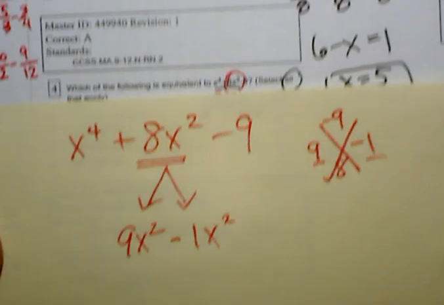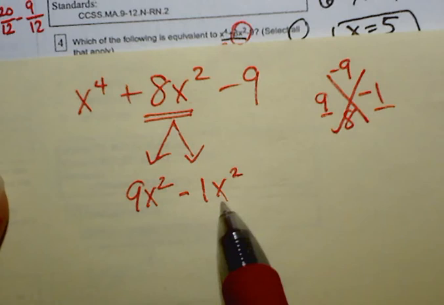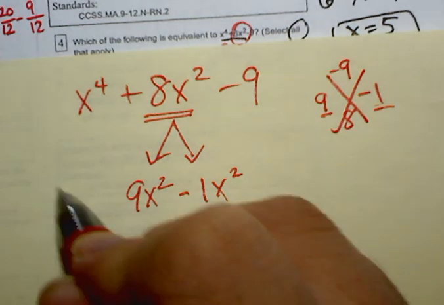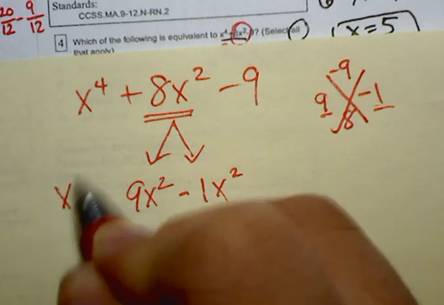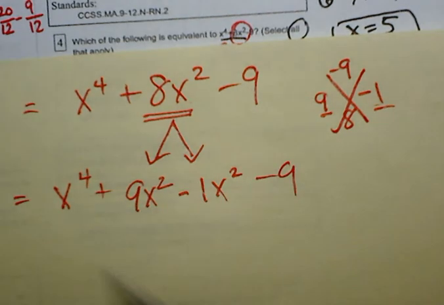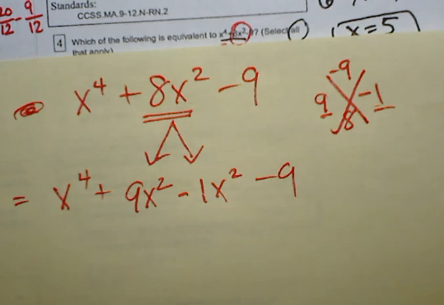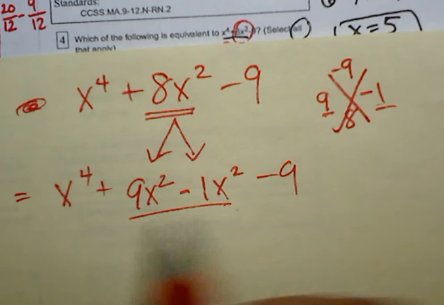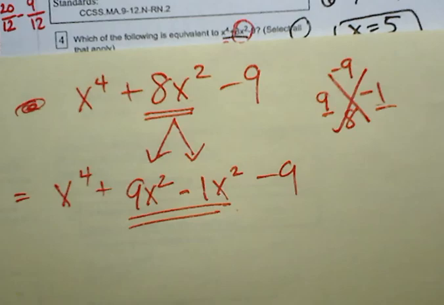And I got this 9 and the 1 from here. But everything else stays the same. Do you agree that I didn't really change anything? The only thing I changed was this, but this is the same, right? Now that I broke them up, first of all, can I make this a plus negative? Can I group them like this?